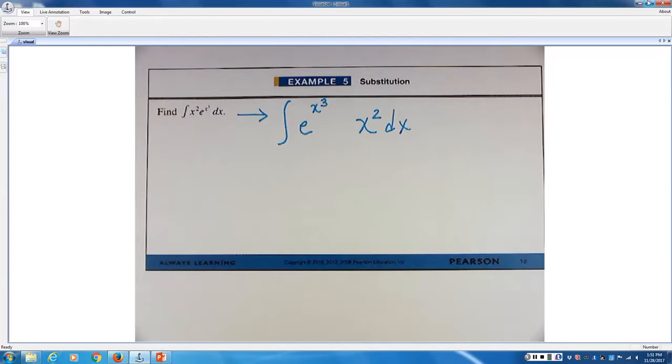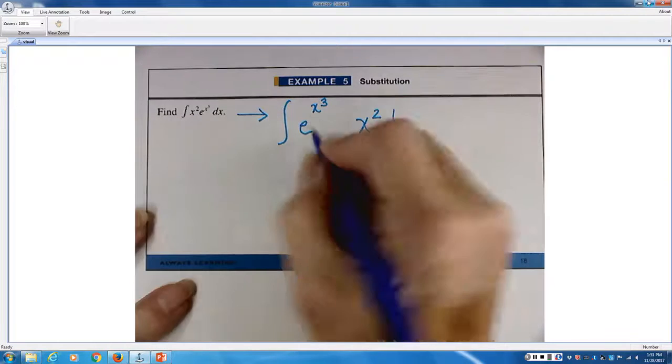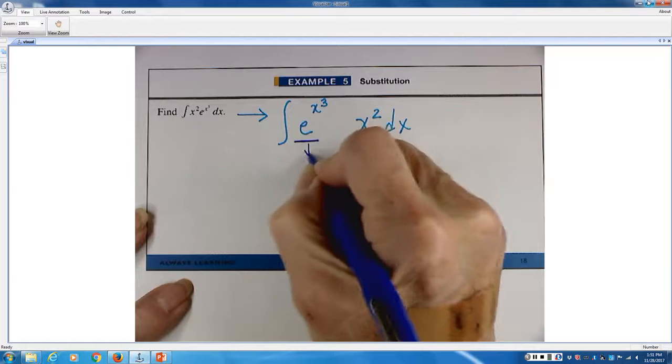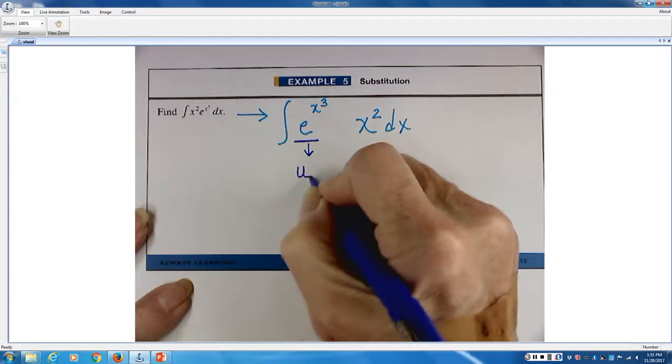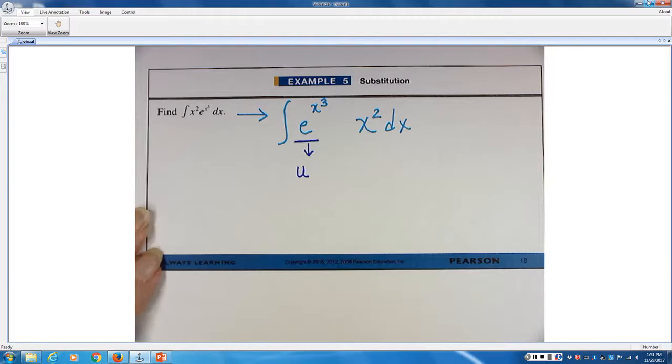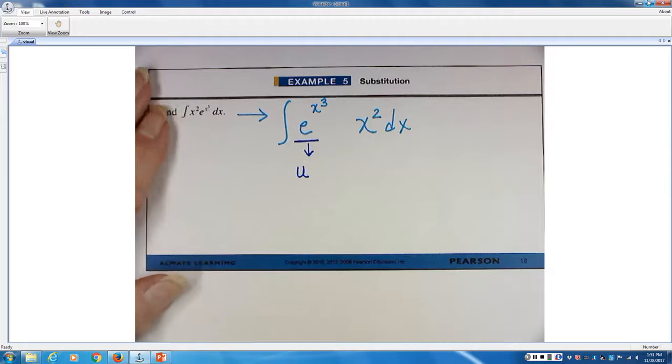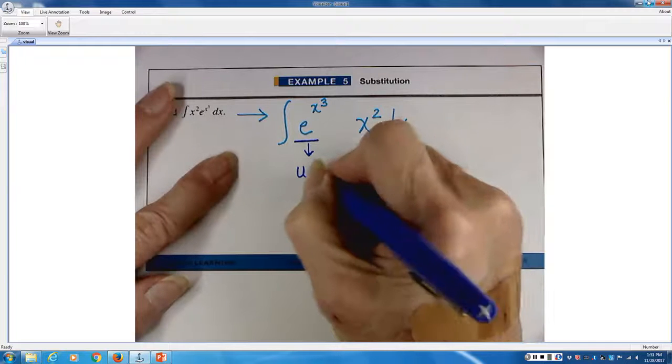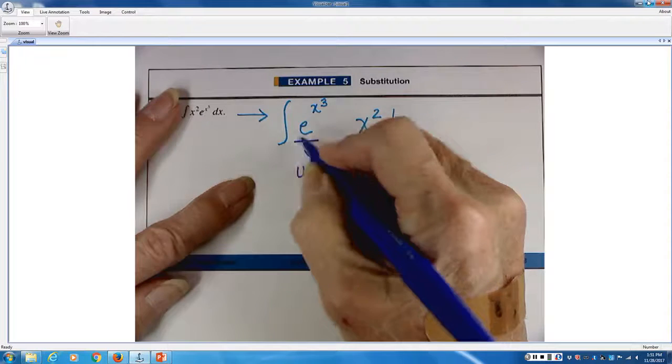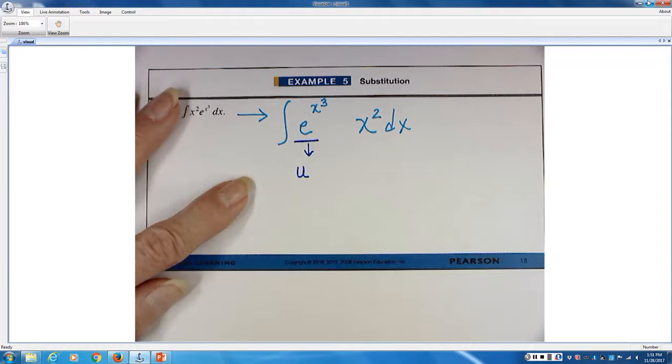So in this case, if we choose u to be e to the x to the third, then what we really have for u is e raised to some power that is a function.